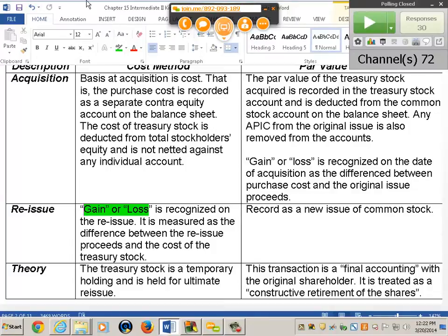Second, if APIC from treasury stock is equal to 0, paid-in capital cannot be negative, then you debit retained earnings.